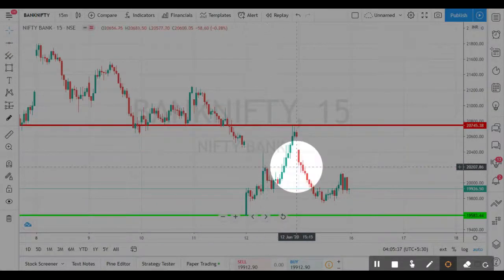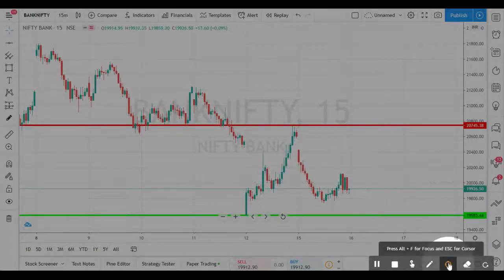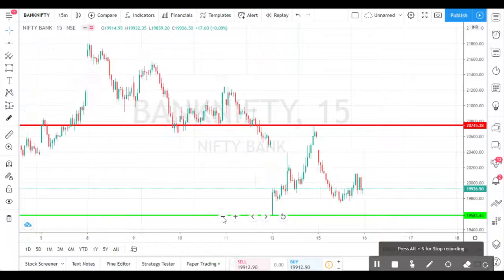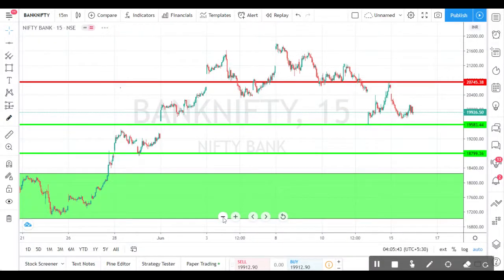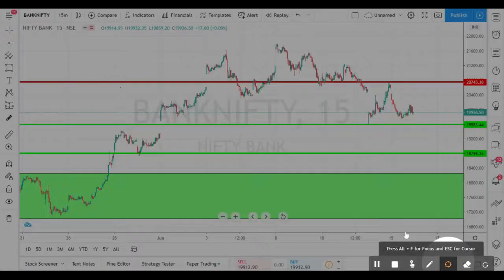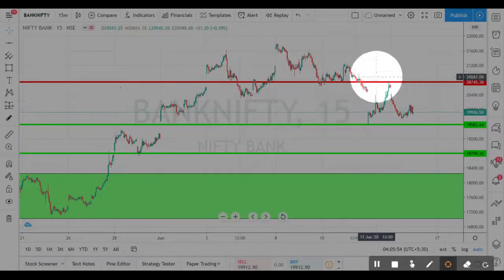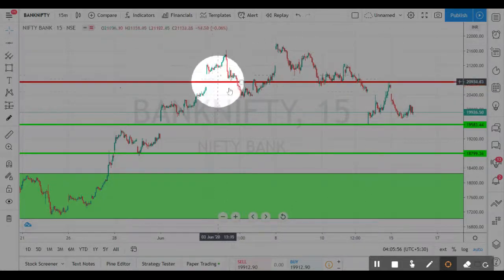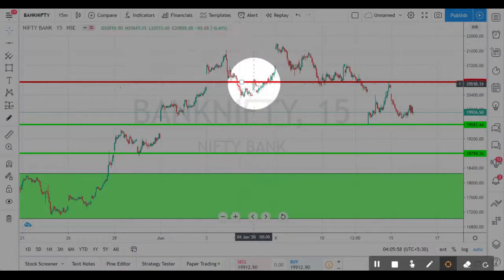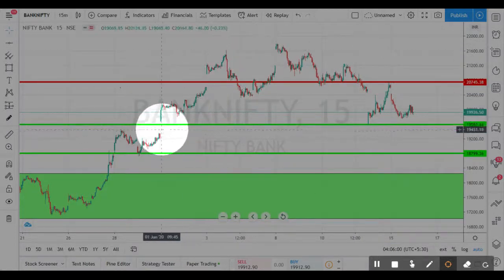On the 15-minute time frame, we will zoom out first so you will understand. So my friend, all these areas above on the chart are the seller area, and our buyers are here.